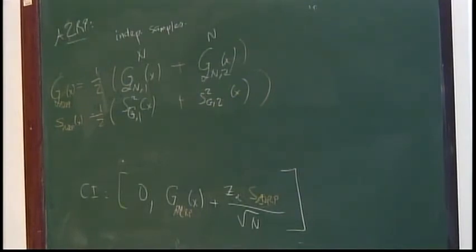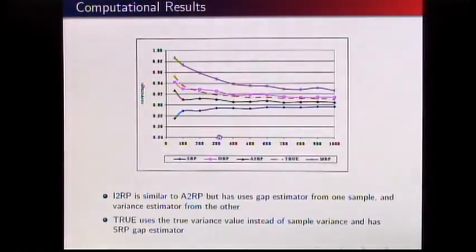So I don't know if you can see this. The top one is the multiple replication procedure. As I told you, it overestimates. It uses a sample size of 100 for each one of these things, and then it generates 30 of them and takes the average and then calculates the thing. So this is the coverage probability, by the way.